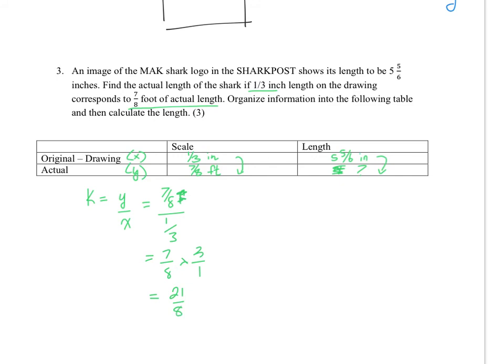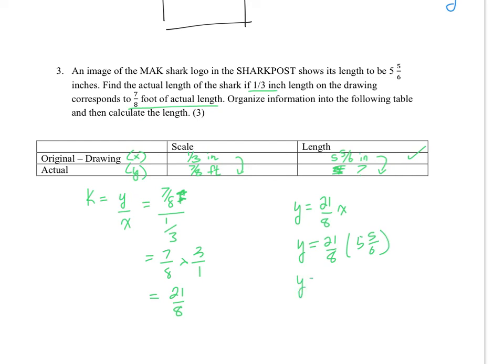Okay, so that means from an equation standpoint, y equals 21/8 times x. Okay, so in this case, this is the x right here. So y is going to equal 21/8 multiplied by 5 5/6. Okay, this is kind of ugly at this point, but we gotta still do it.